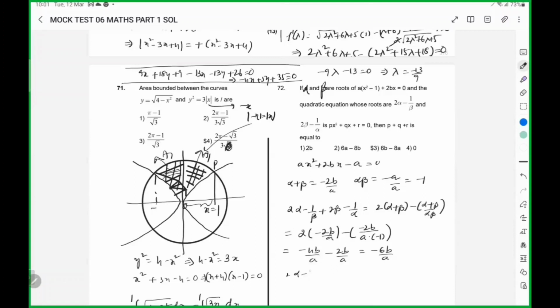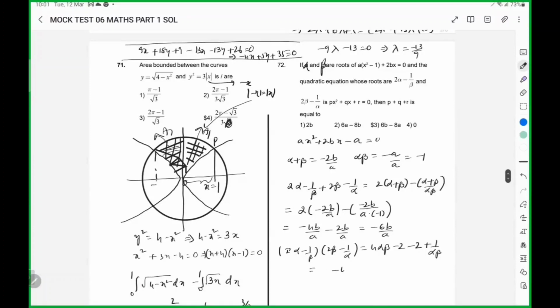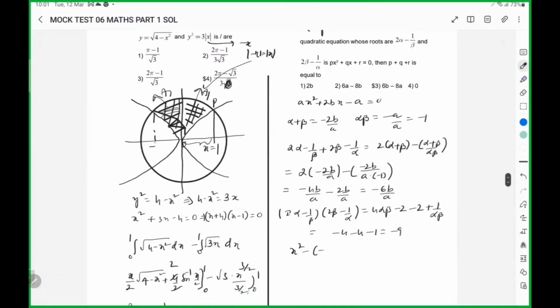Product of the roots, alpha beta is minus 1. So equation becomes, product of the roots 0.